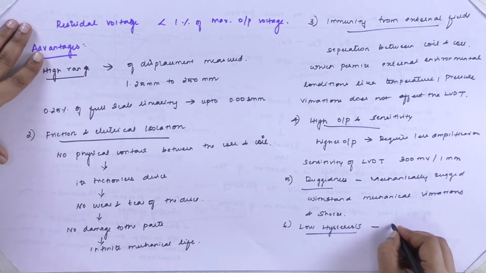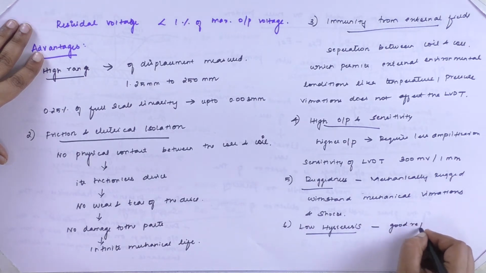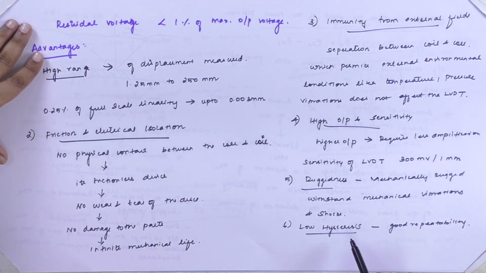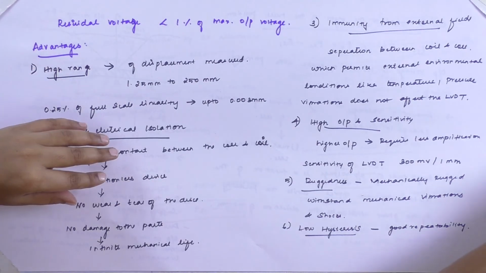This low hysteresis gives good repeatability of measurement, because if the hysteresis is more, the output varies according to the input. If the input is increased, we will get one output. If the same input is decreased, we will get another output. So the curve will not follow the same path. So the repeatability of the readings is not possible if we have high hysteresis. That is less in case of LVDT.